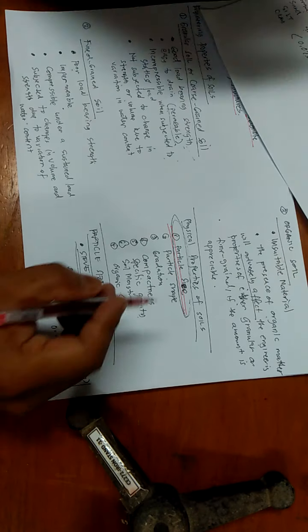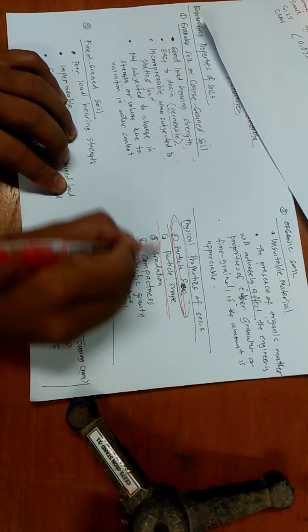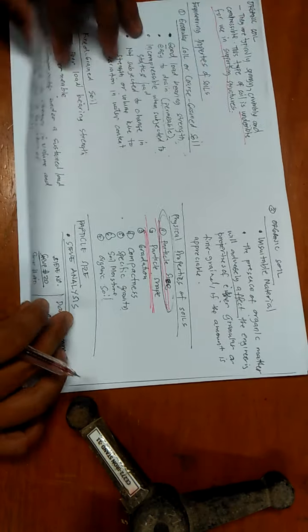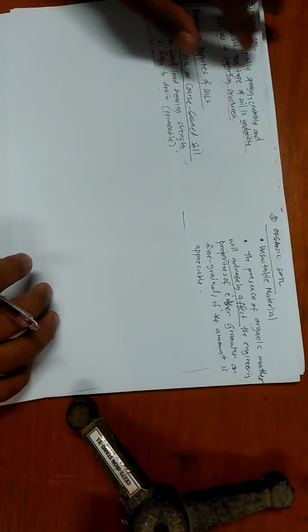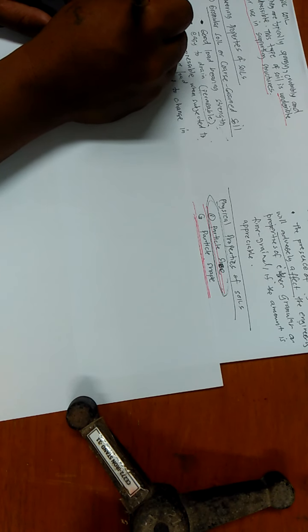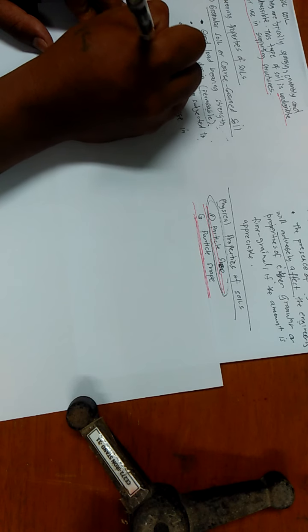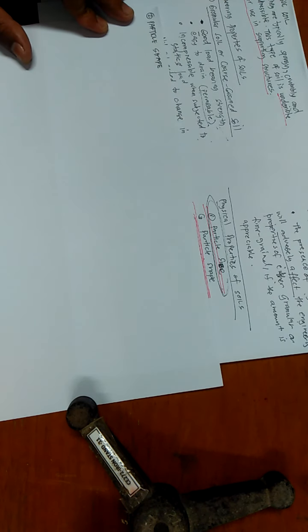Number 2, ano yung sinulat ko? Particle shape. Punta naman tayo sa particle shape natin. So, for our particle shape naman, number 2, particle shape, meron kasing classification ang particle shape.